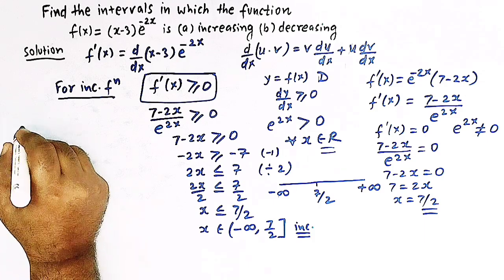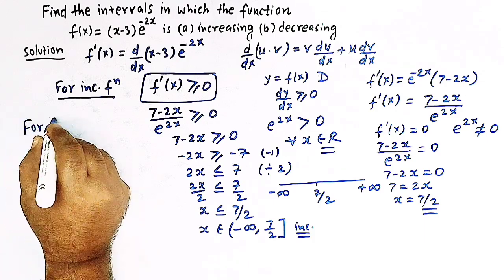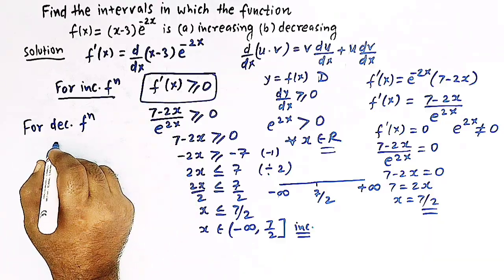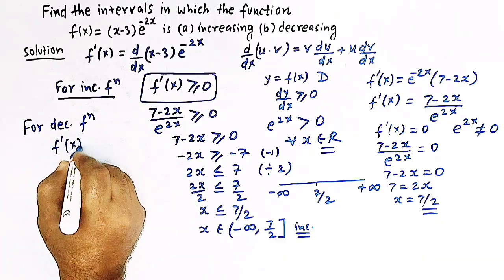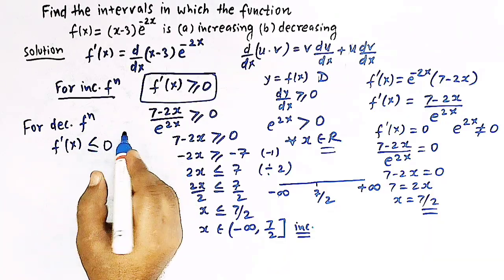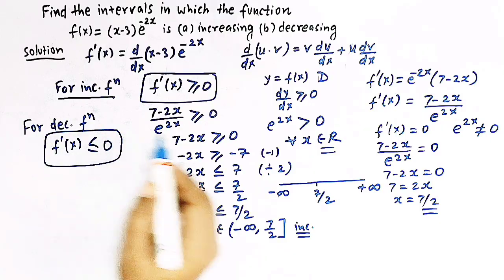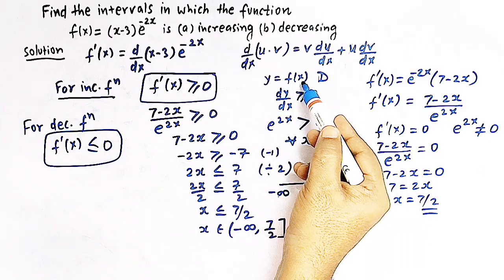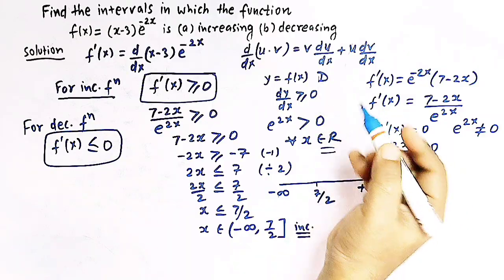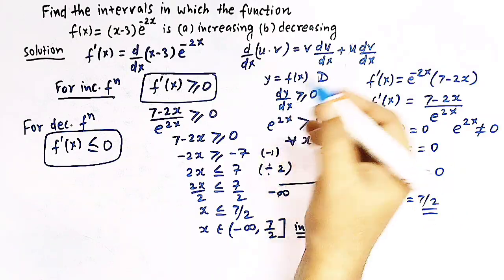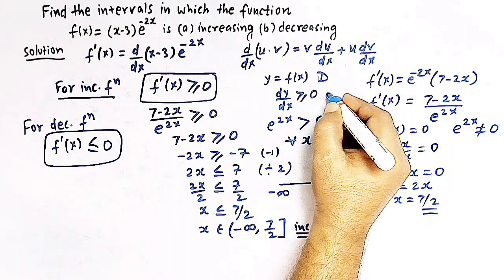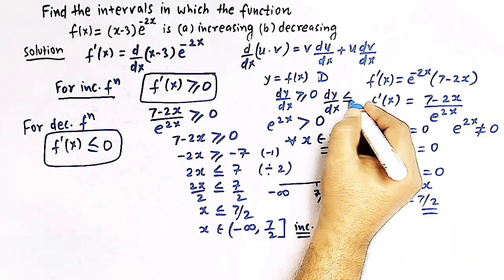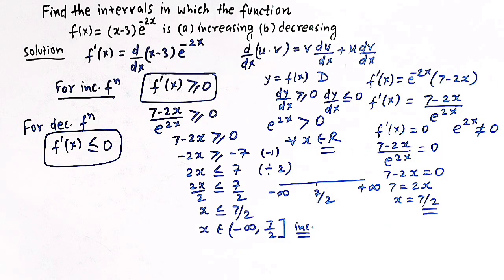So now for a decreasing function, we must have the condition that f prime of x must be less than or equal to 0. And if we take this function y is equal to f of x, which is defined in some domain D, then the function is said to be a decreasing function if we have dy over dx less than or equal to 0.